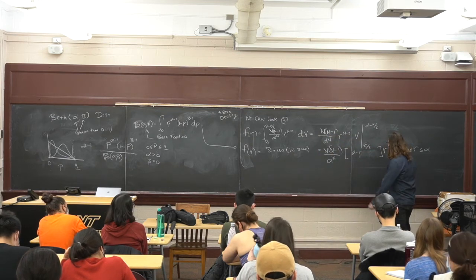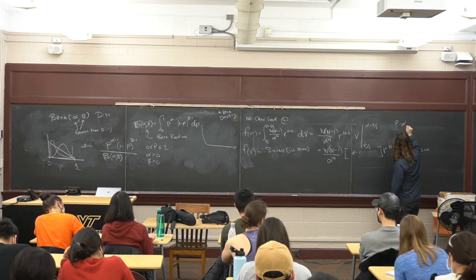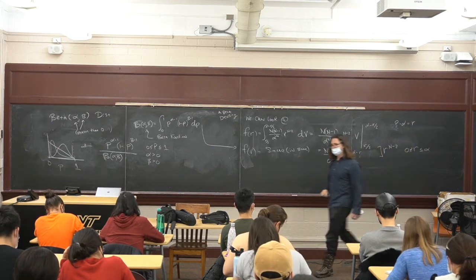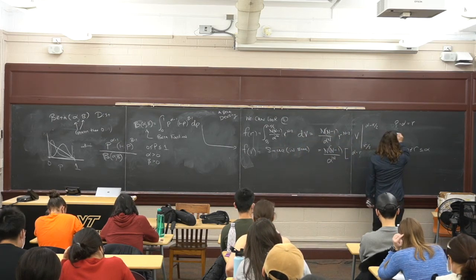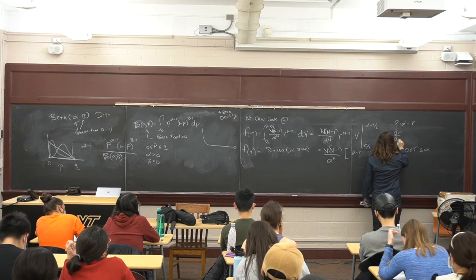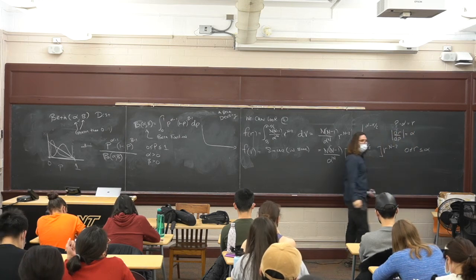And so if we just take p times alpha, we let that equal r, we end up just figuring out dr dp, this absolute value is just alpha.